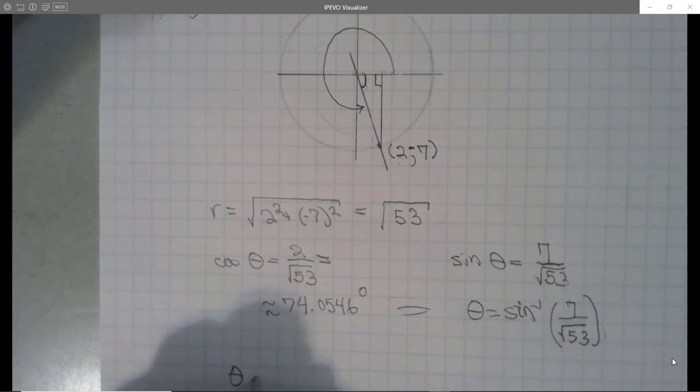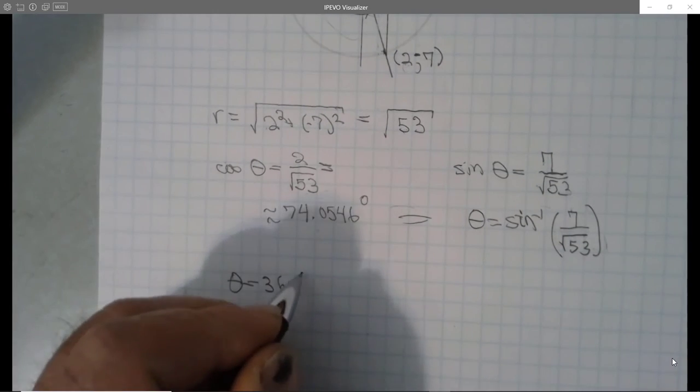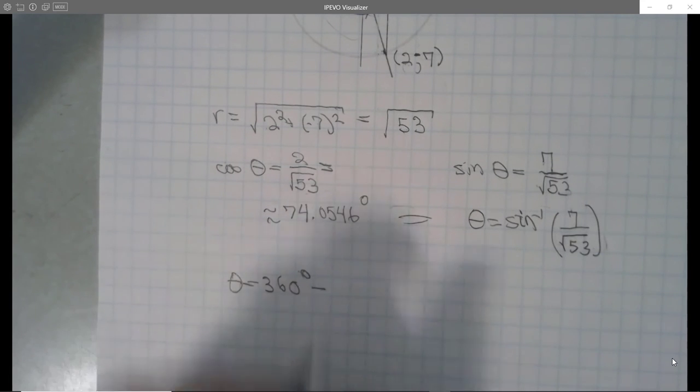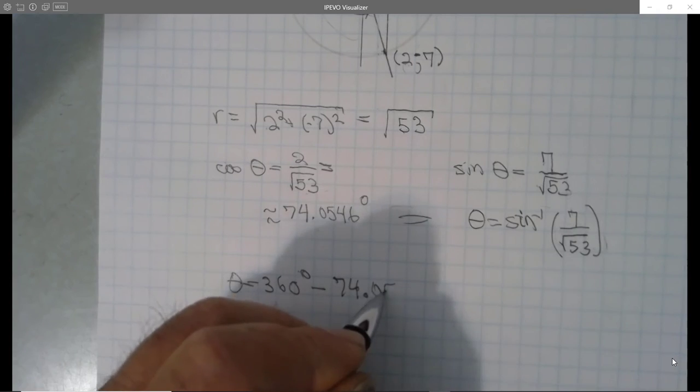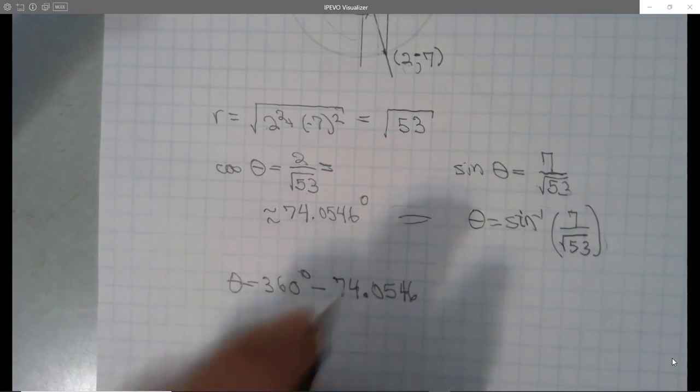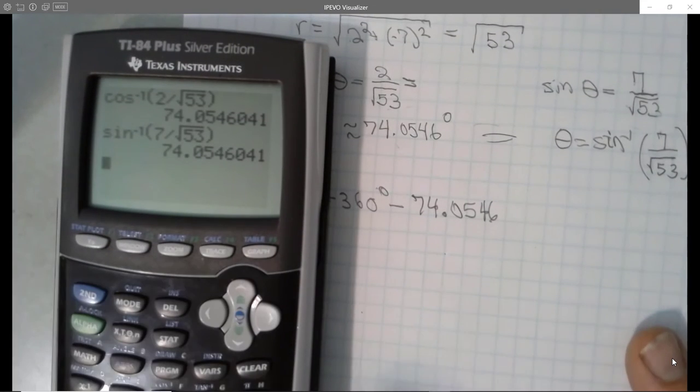So the theta that we're looking for is 360 minus this reference angle, 74.0546.